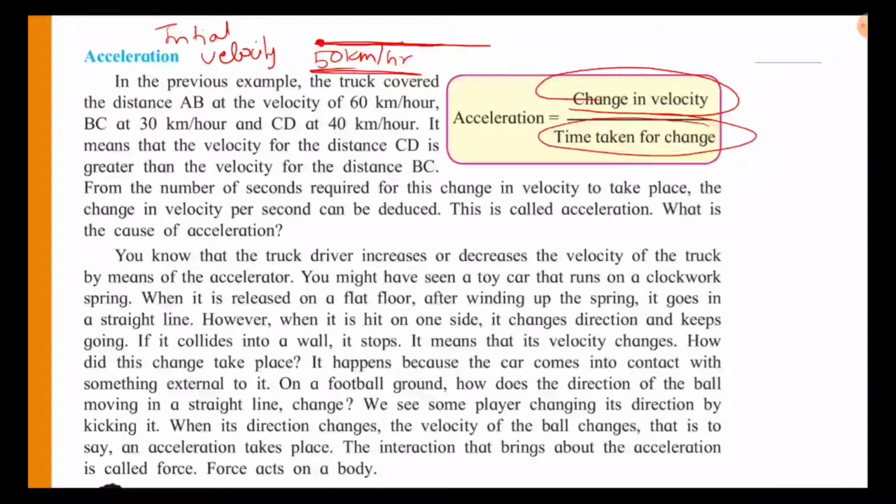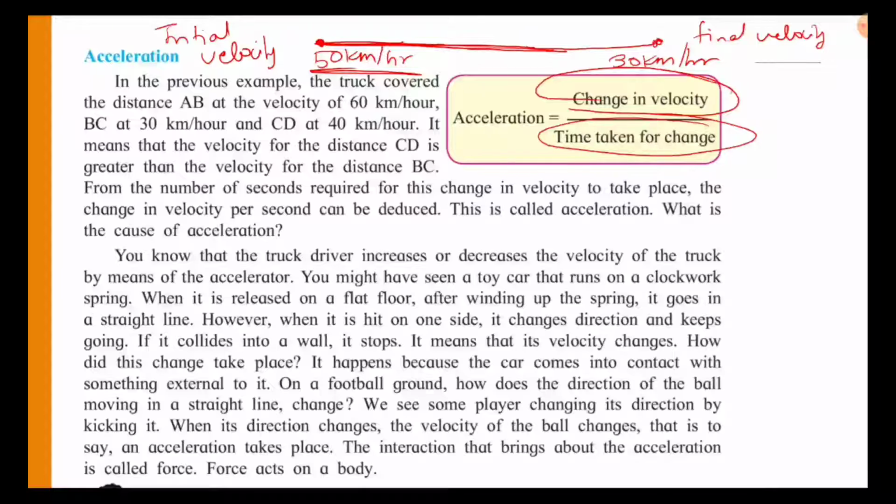Now it is traveling at a regular interval and suppose it has to apply brake. The station is about to arrive and it has to apply brake. Now its velocity over here is 30 kilometer per hour. This is the final velocity.